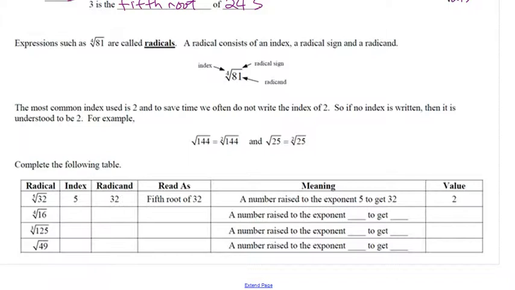Complete the following table. So the 5th root of 32, right? So we have the index is 5, the radicand, which is the thing we're finding the root of, which is read as the 5th root, meaning a number raised to the exponent 5 to get 32, which is 2, right? 2 to the 5th gives us 32. So what's the index in the next one? 4.